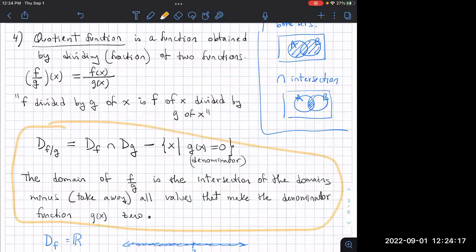Remember, the domain of a fraction is the intersection of the domains minus, that is, you take away all values that make the denominator function, in this case g of x, 0. So yes, it is a minus. There is a minus between sets, even though you're not subtracting, you're taking away. In that sense, it's minus.